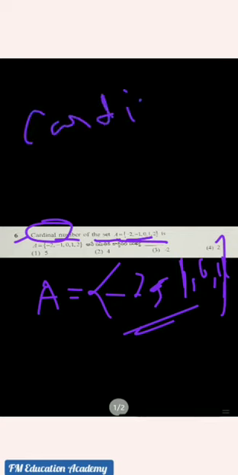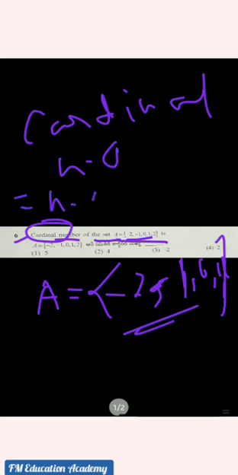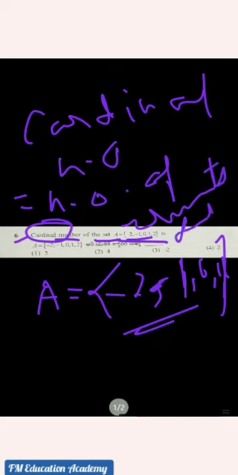So here if you see, you need to know the meaning of cardinal number, because it is asking us what is cardinal number of this set. See, cardinal number formula is cardinal number is equal to number of elements in the set. So here the set is A, so we need to find out how many number of elements are there in set A.